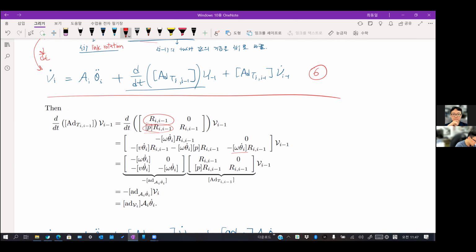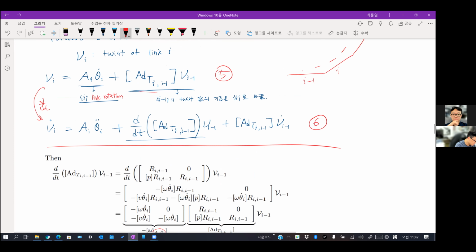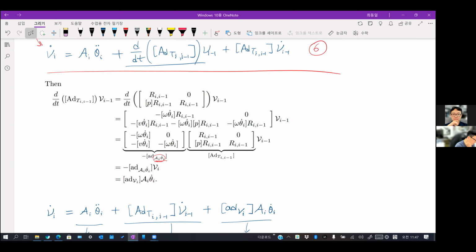And this value also can be calculated like this. And then if we simplify this matrix, we can get this matrix. And this one is the same as the small adjoint with this one. And this value is actually this one. So we can get the final result; this one is also the adjoint here.